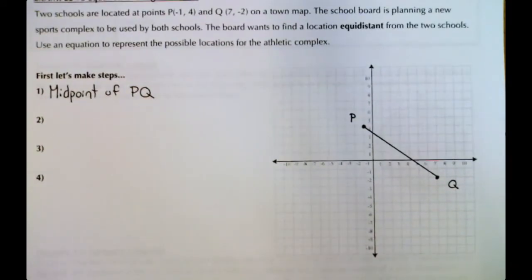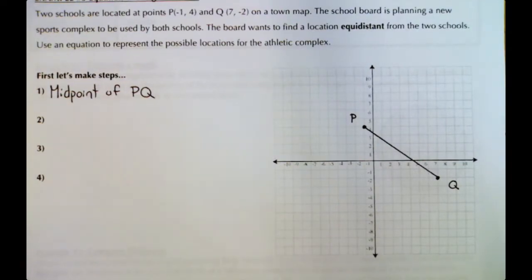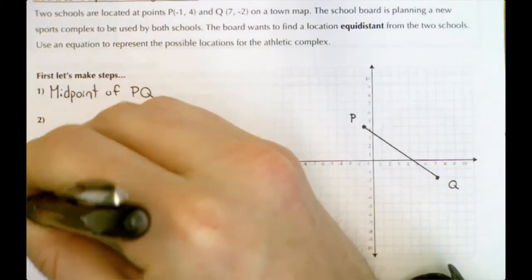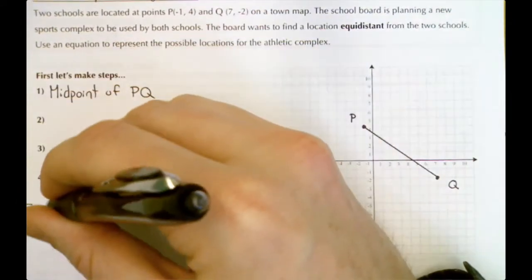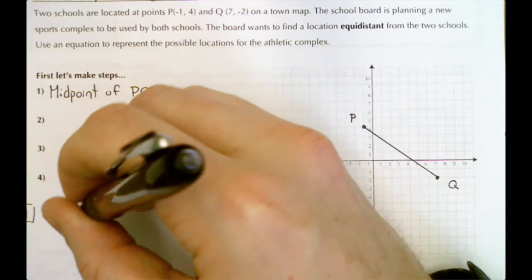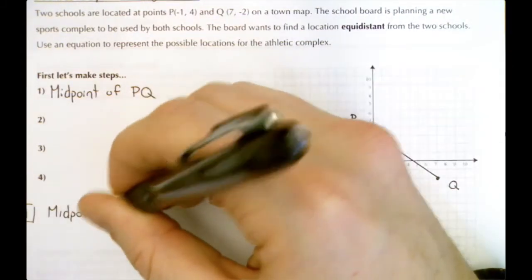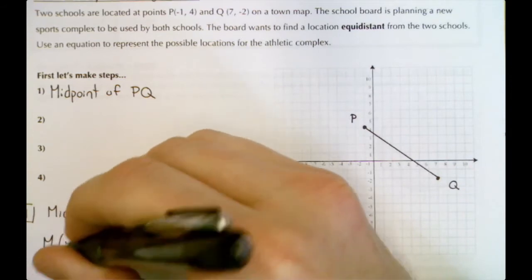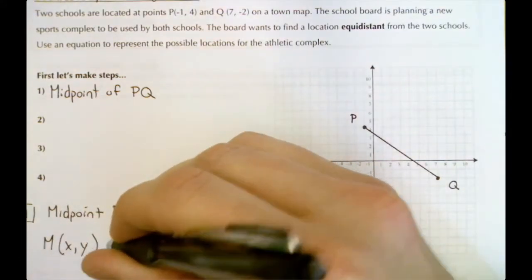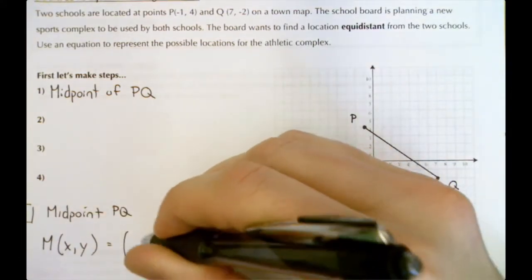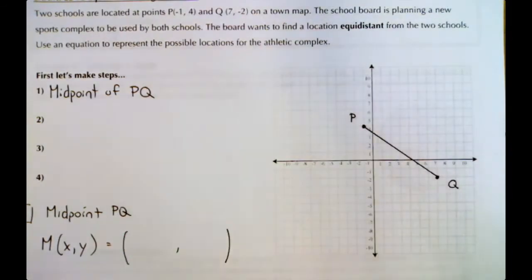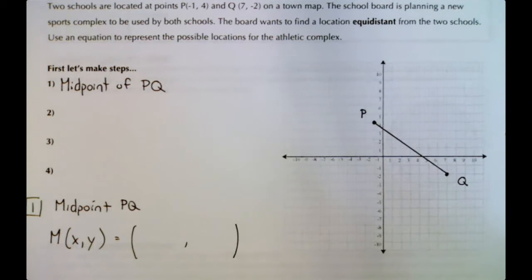P and Q, I've got to keep those points up there. P is negative 1, 4, and Q is 7, negative 2. And if we remember, so step 1, our midpoint, our equation for midpoint said that if we add the x's and divide by 2, add the y's and divide by 2, we get the coordinates of our midpoint.